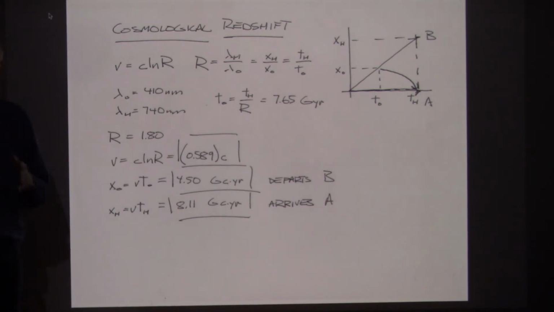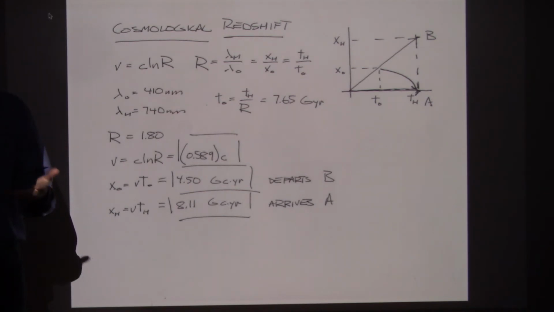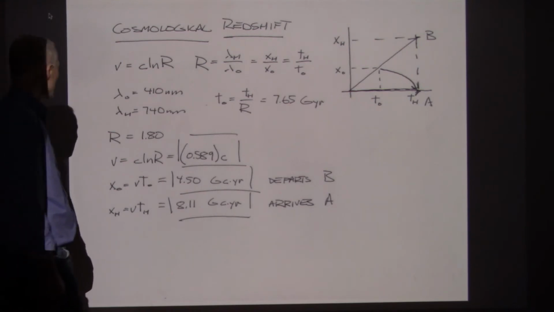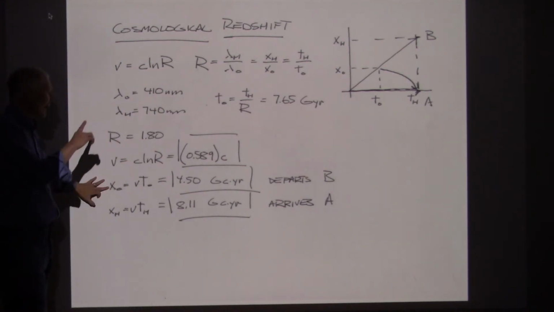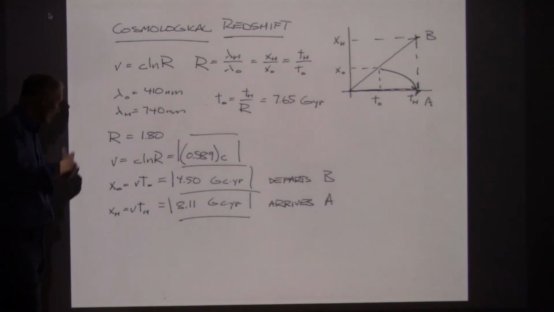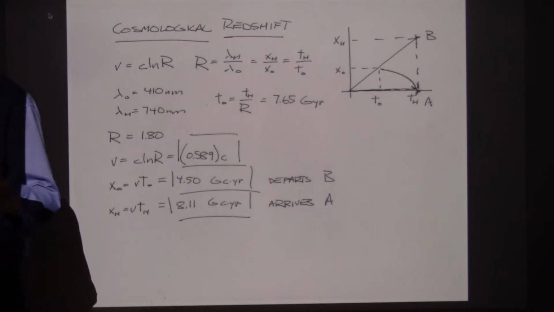So we can keep track of the time the light left, the time the light's arriving now, so that's typically at the Hubble time. And then we can keep track of the separation distances at the time the light left, and then at the time the light arrives, which is now.